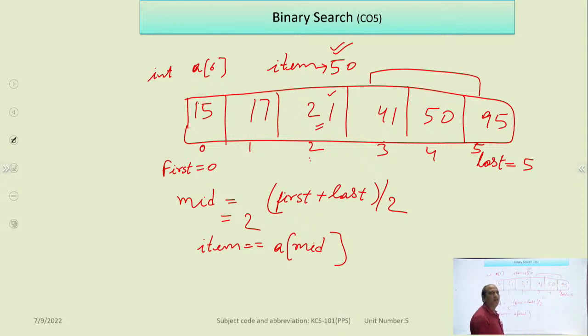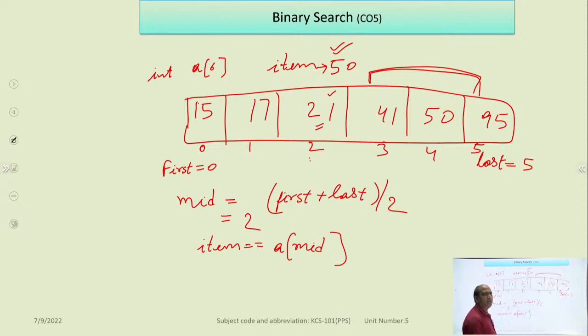If the item is found at the mid position, our task is completed, which means our search is successful. But if it is not found, there are two situations. If the item is greater than the mid index value, then it will certainly be found in the upper half of this array.